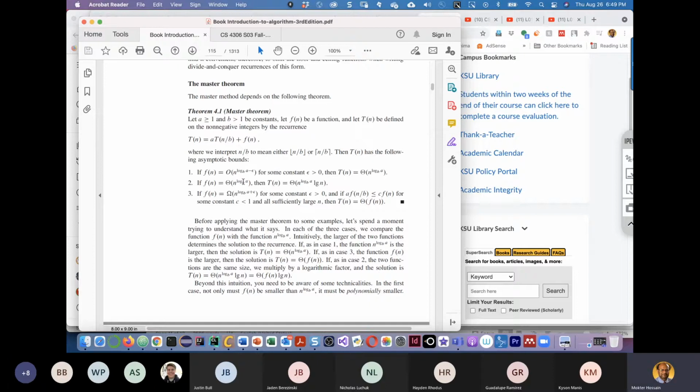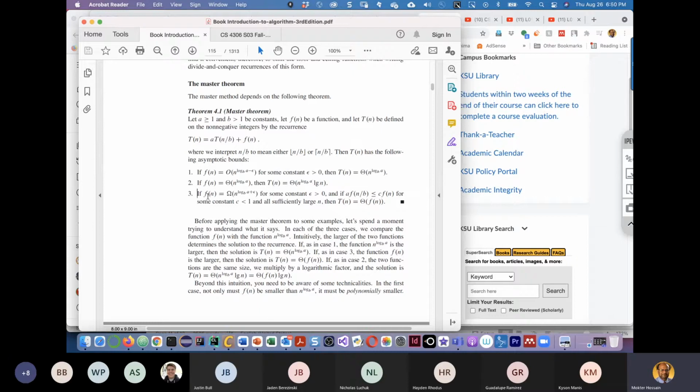Here epsilon equals 0, so we don't need epsilon. Then T(n) equals this same part times log n.